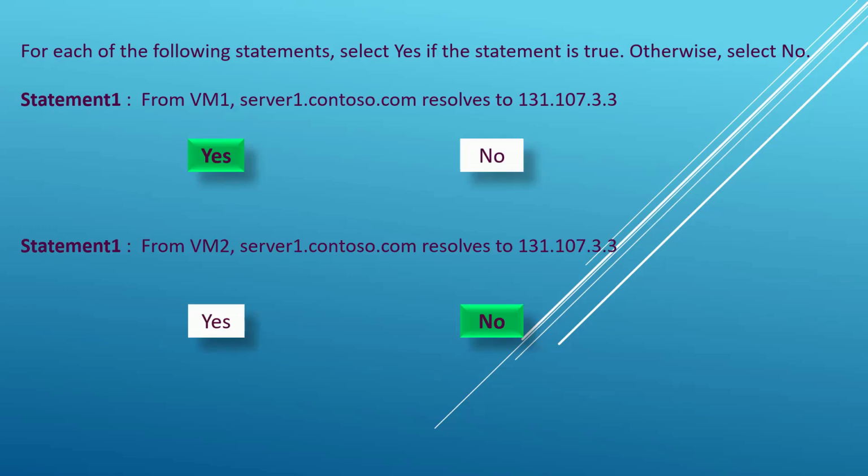And it does not take the default Azure specified DNS. So VM2 will resolve from VM4 as server 1.contoso.com, which is 131.107.2.3, and server 2.contoso.com, which is 131.107.2.4.